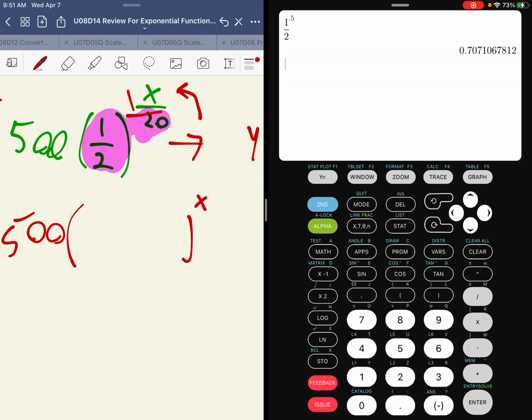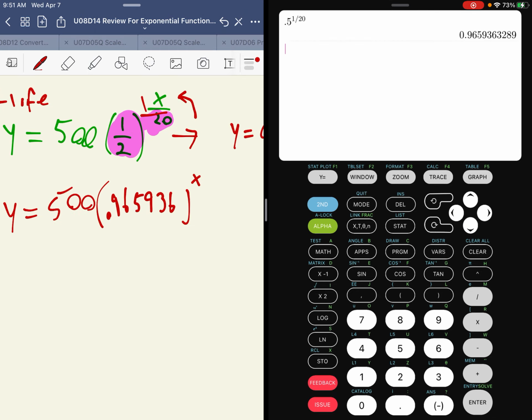hold on. Let me try that again. 1/2, or 0.5, to the power of 1 divided by 20 should equal 0.965936363289.